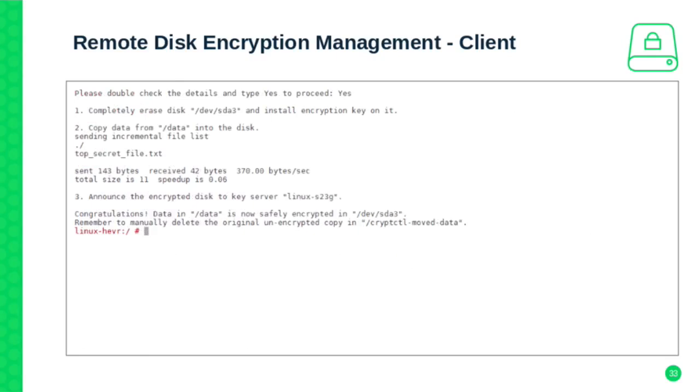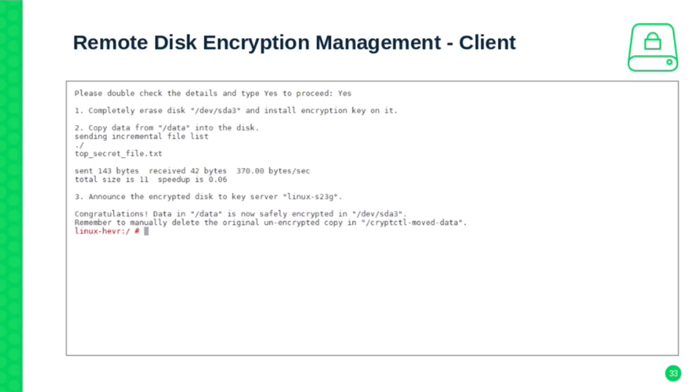First, completely erase the disk. So sda3 in my example has been completely erased. The encryption key has been installed. The data from /data is copied to the disk. And then the key server has been informed that on this particular IP address with this host name, a disk with a certain key has now been set up.